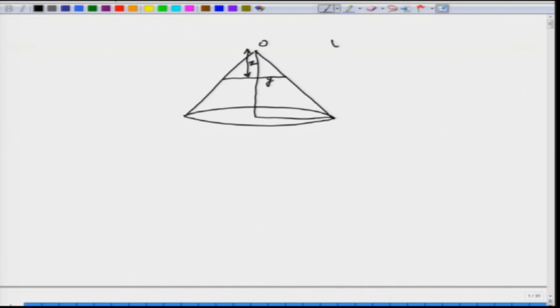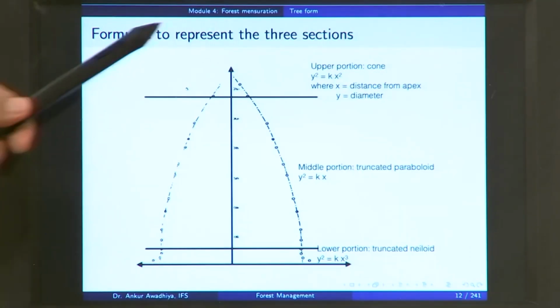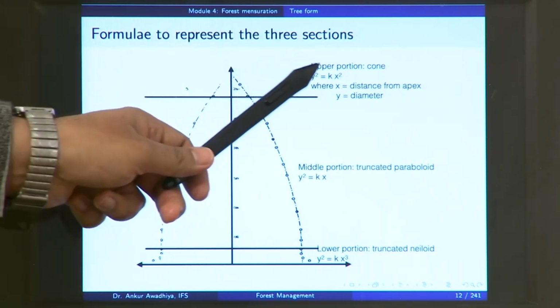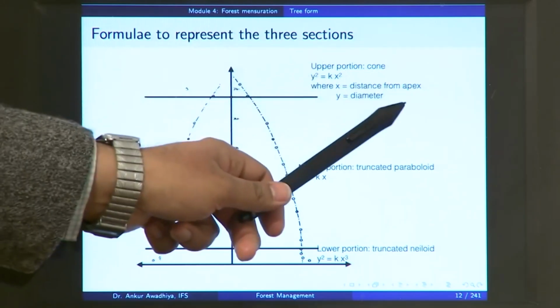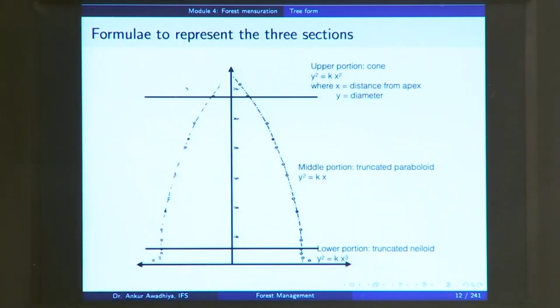So y square is equal to k times x square, where k is a constant. We have seen it in the form of y is equal to k x in a number of textbooks, but to generalize these equations for all these 3 portions, we are using y square. So the upper portion or the cone is y square is equal to k x square, where x is distance from the apex and y is the diameter.